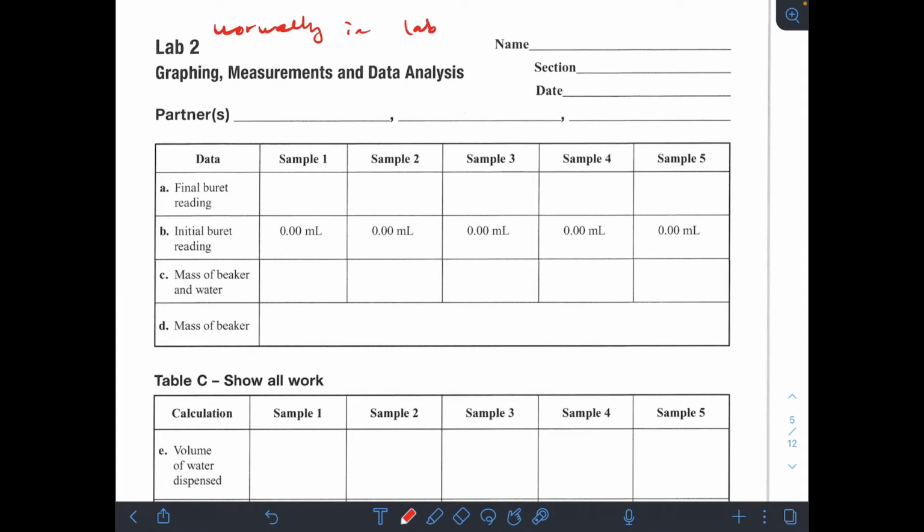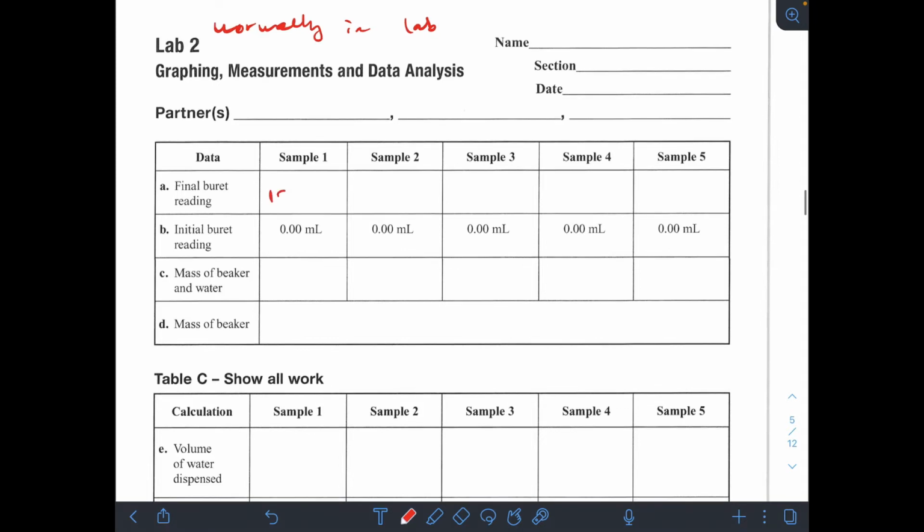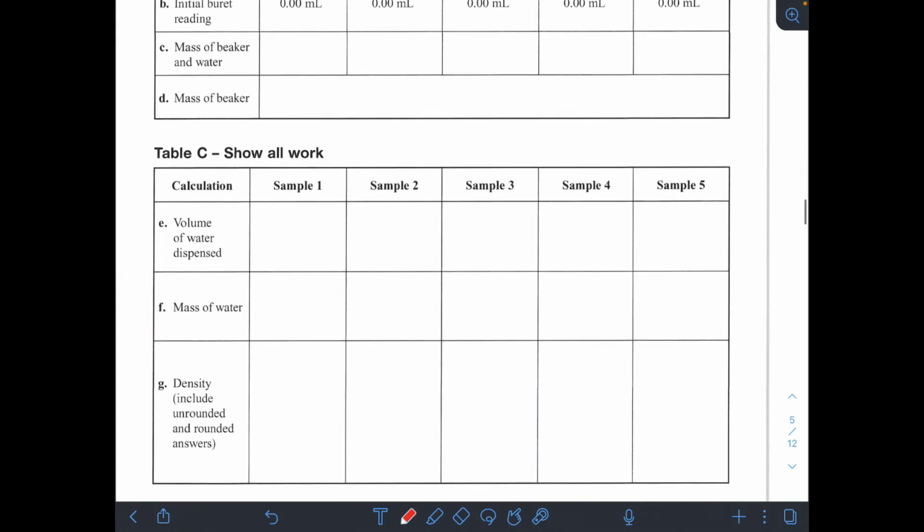So when you go to look at that, you'll see the final burette reading for sample 1 should read, and make sure you have units, 10.20 milliliters. And then the next one is 15.20 milliliters. I want you to actually put the numbers in this table, okay? Same thing here for the volume of water dispensed. You actually want to write these values into this table, right?